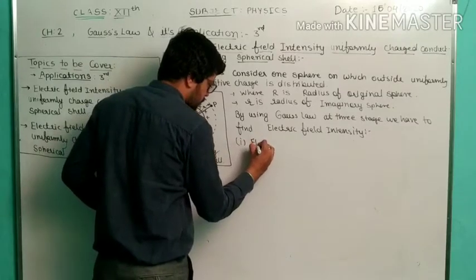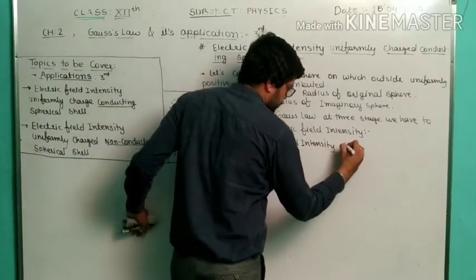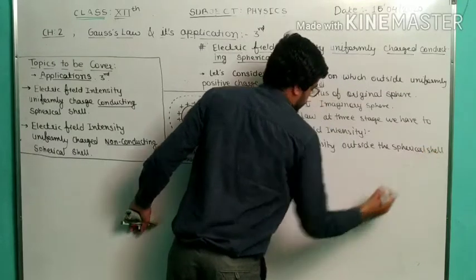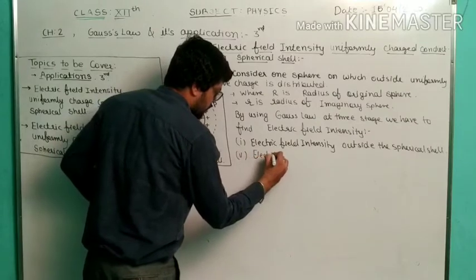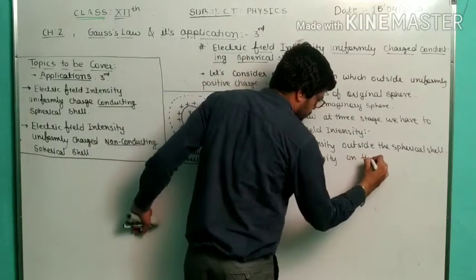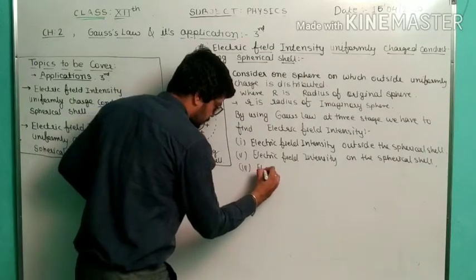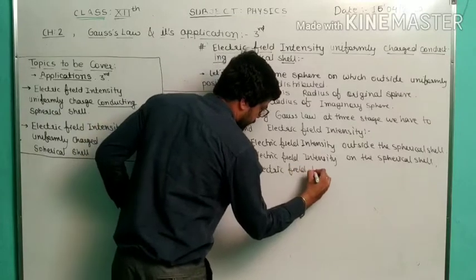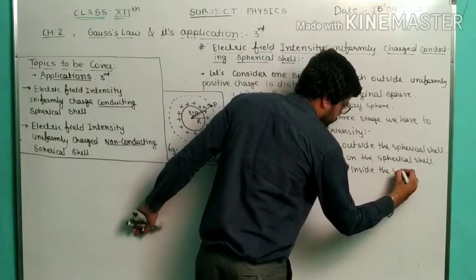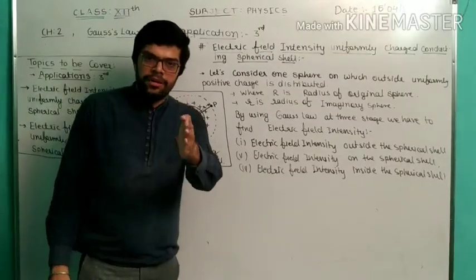So the 3 conditions are: electric field intensity outside the spherical shell, electric field intensity on the spherical shell, and electric field intensity inside the spherical shell.